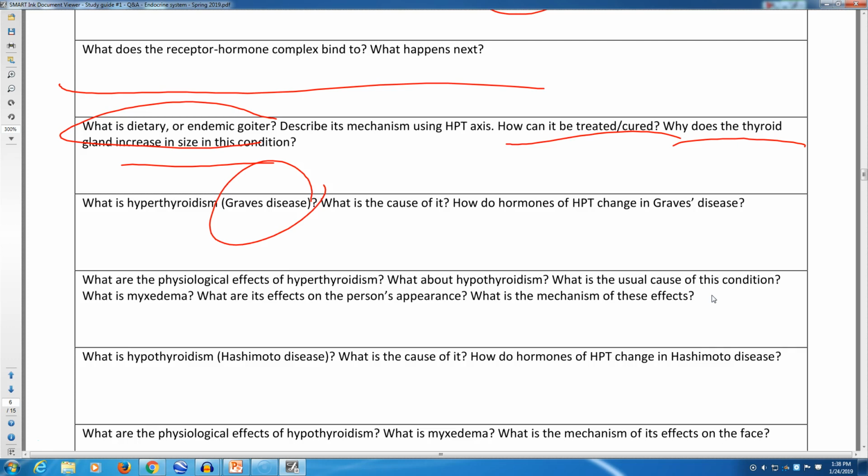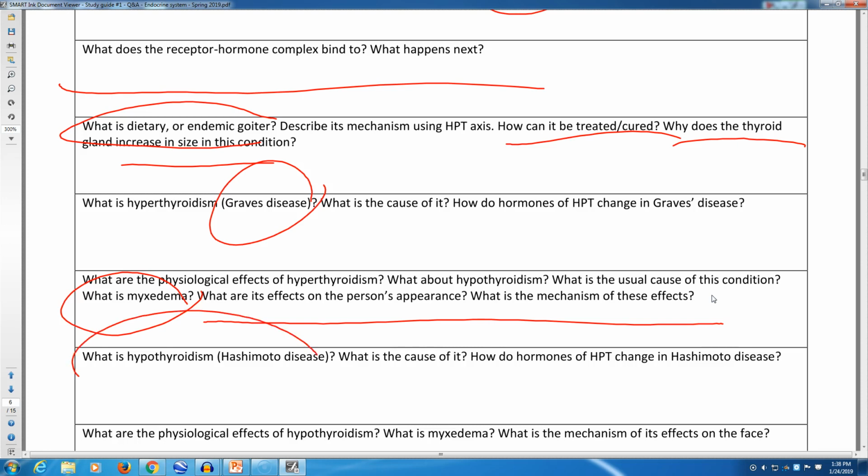Physiological effects. In hypothyroidism, you're lethargic. Myxedema, complete lack of thyroid hormone, swollen face because of the interaction between the hyaluronic acid and proteins in the subcutaneous interstitial space.